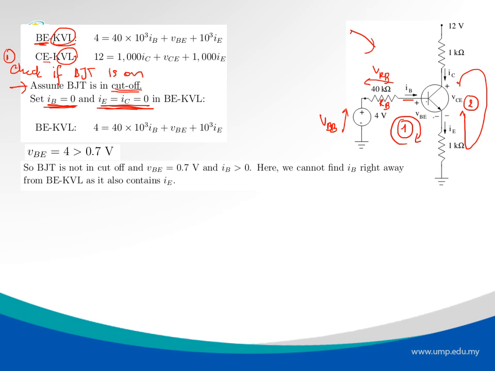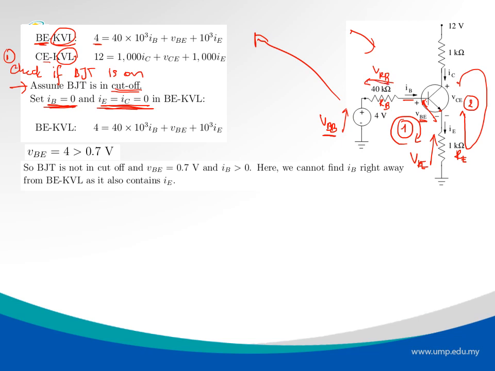And then what else do we have in this loop 1? We also have VBE, and then we would have VRE, because the resistance we would call RE, the resistance across the emitter. So if we look into the equation, VBB is this 4 volts.